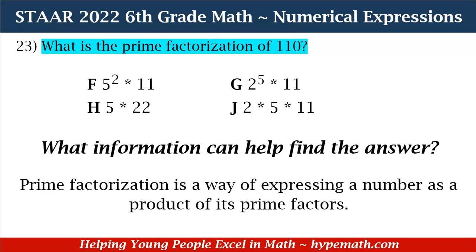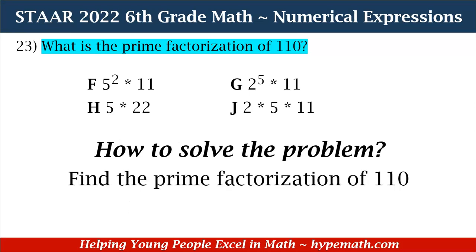It has to be all prime factors. And just a friendly reminder, with prime factors, that means the only factors that number has are 1 and itself. Okay, so how do we solve the problem? Again, we need to find the prime factorization of 110. So let's dive in and do that now.